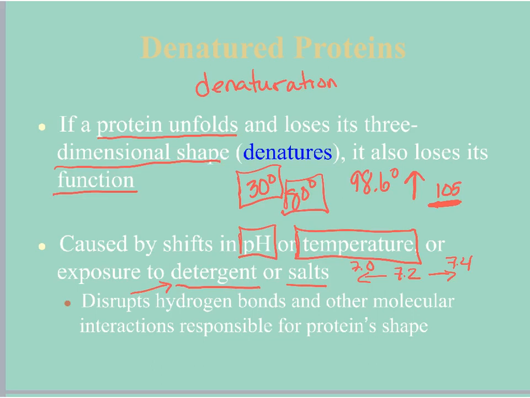So think about your laundry detergent. Unless it's paint or something else, many of the stains that you've got on your clothing come from other living organisms. They're caused by molecules like proteins, lipids, carbs, nucleic acids, right? Those are the molecules of life.